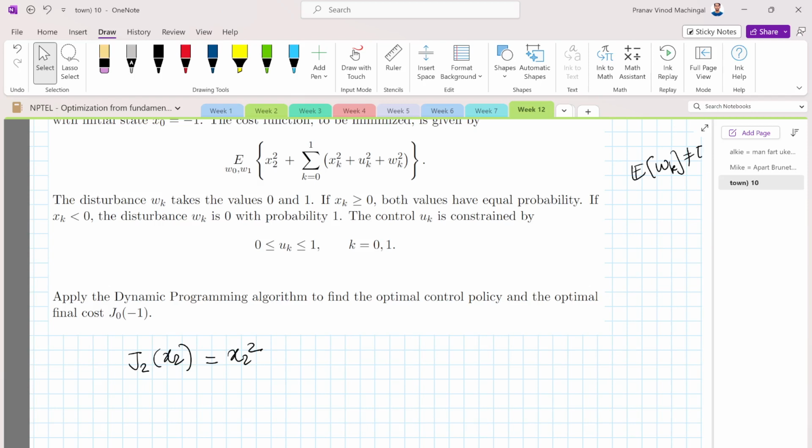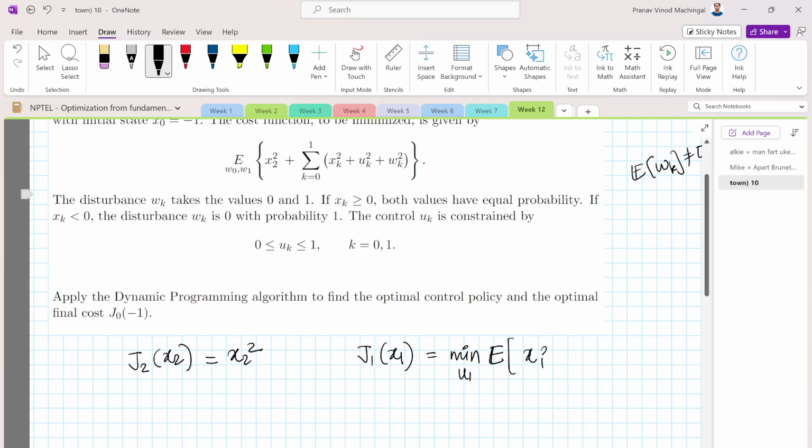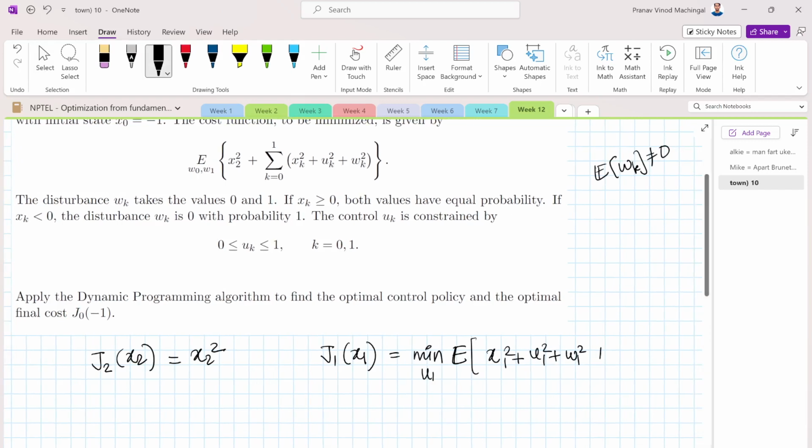And J1(x1) is the minimum over u1 of the expected value of x1 square plus u1 square plus w1 square plus J2(x2).